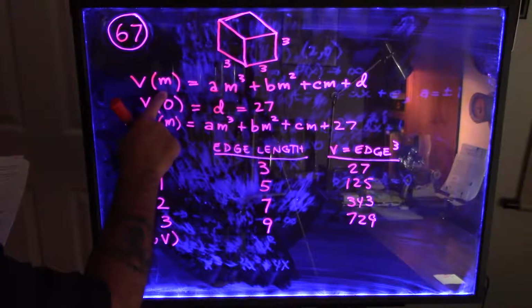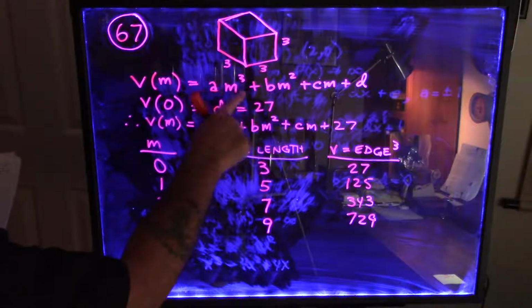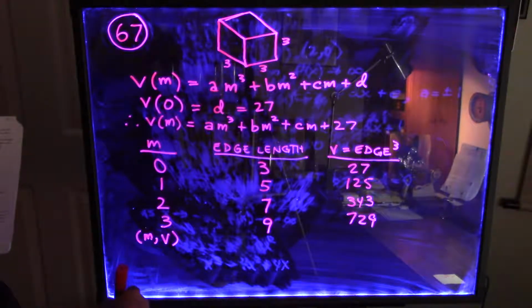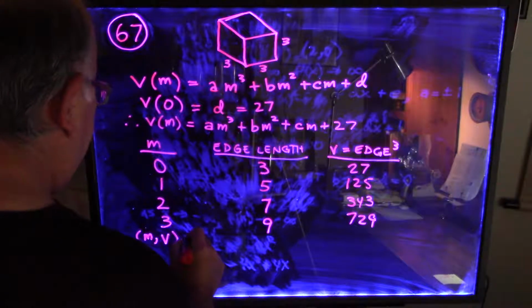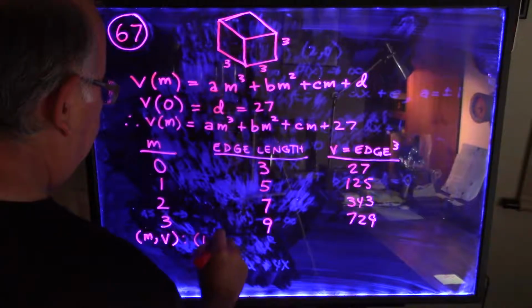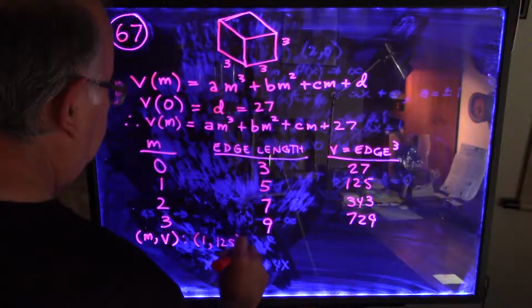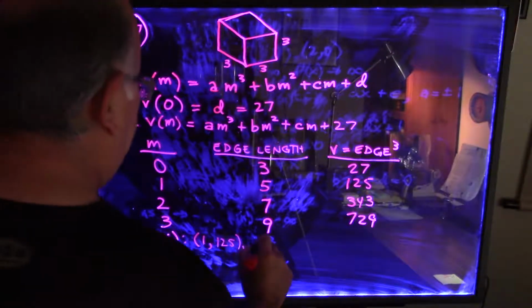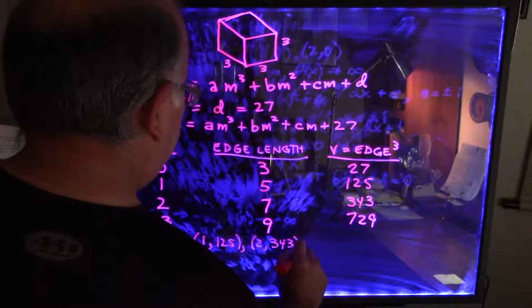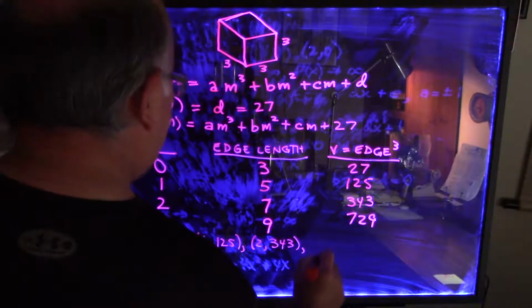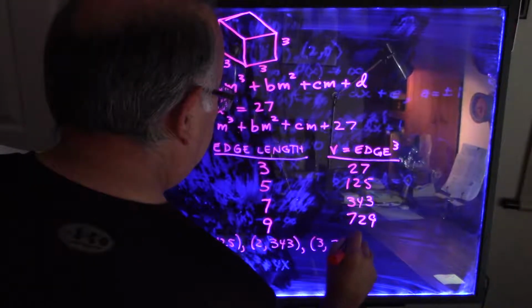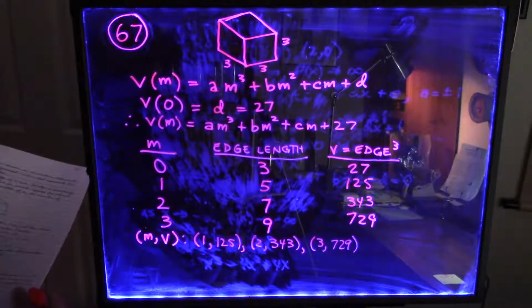Well, our function is in terms of m and it gives us the volume V. So I've got 1, 125, 2, 343, and 3, 729. I've got those 3 ordered pairs.